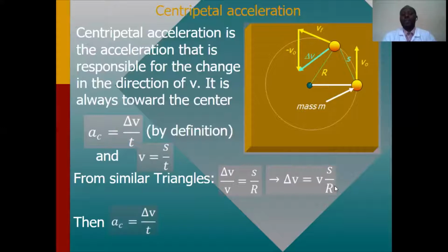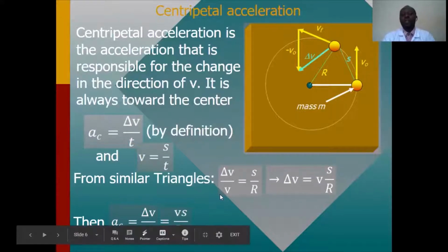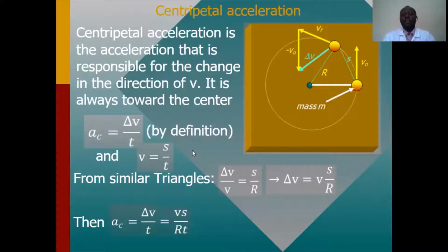Then, from the definition of centripetal acceleration, which is the change of linear velocity over time, we have centripetal acceleration will be the linear velocity v times the linear displacement s divided by radius r times the time t, or the linear displacement divided by time is the linear velocity v.